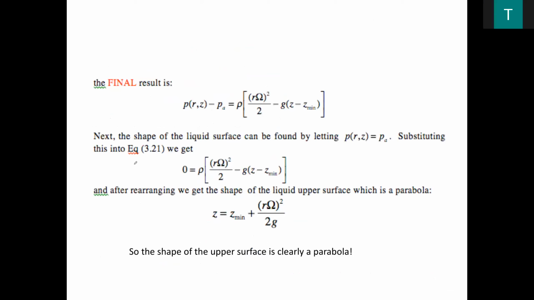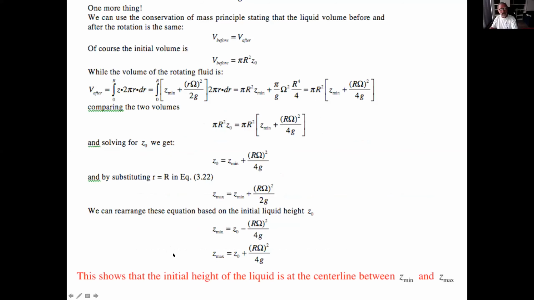You need to know this equation, and then this is the interface. So you have these three equations which you need to remember, 1, 2, and then the third one is here. That's it, very, very simple.